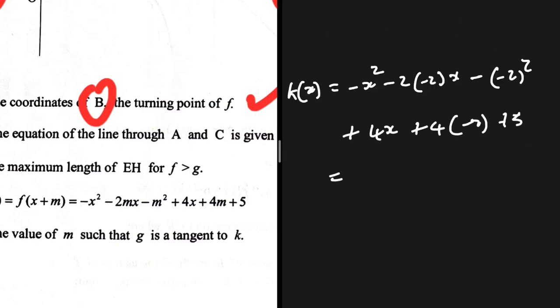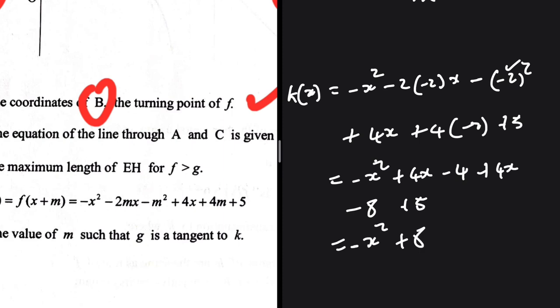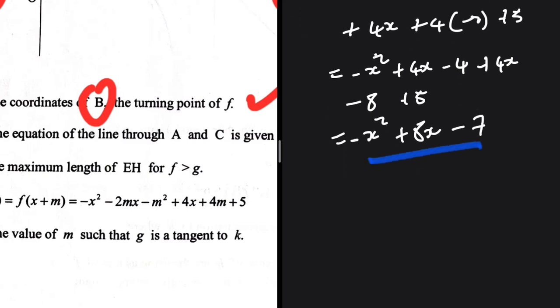So k of x is equal to minus x squared plus 4x, and then this is going to give us minus 4 plus 4x minus 8 plus 5. Okay, so minus x squared plus 8x. So minus 4 minus 8 plus 5, that is minus 7. Minus x squared plus 8x minus 7.